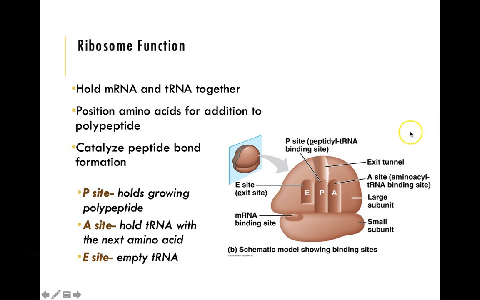Now, ribosomes are what we call highly conserved throughout evolution. What this means is that throughout the course of evolution, ribosomes really have not changed too much. If you have a mutation in a gene for a ribosome, your organism is going to be severely debilitated.